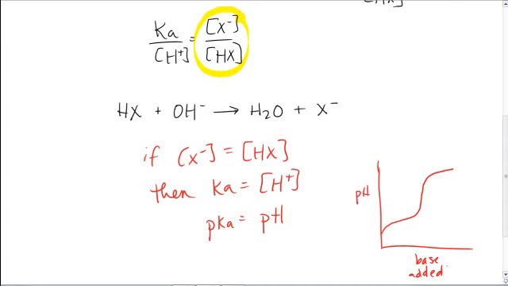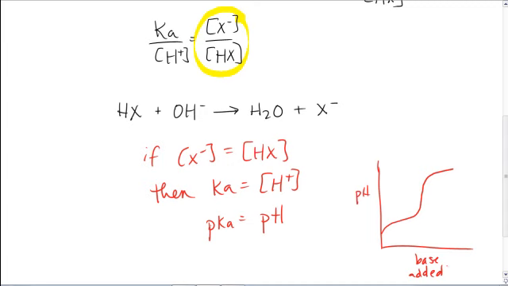All right, do we have an answer? When in the course of the titration will they be equal? The equivalence point. Why? Because are they conjugate acid-base pairs? Well, what happens at the equivalence point? That's when they neutralize each other. So will you have any HX left at all at the equivalence point?